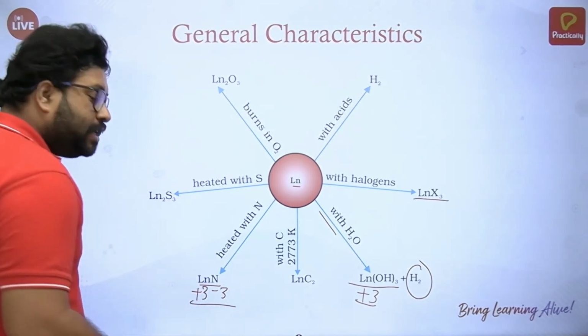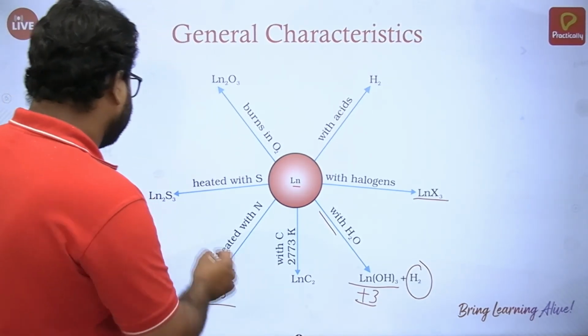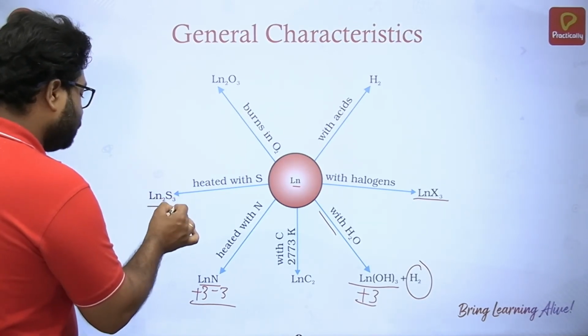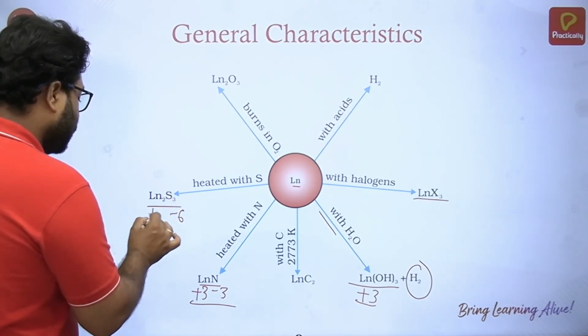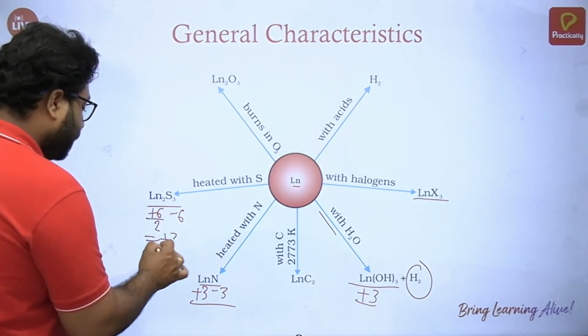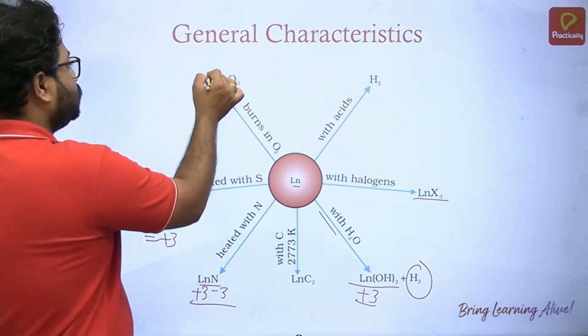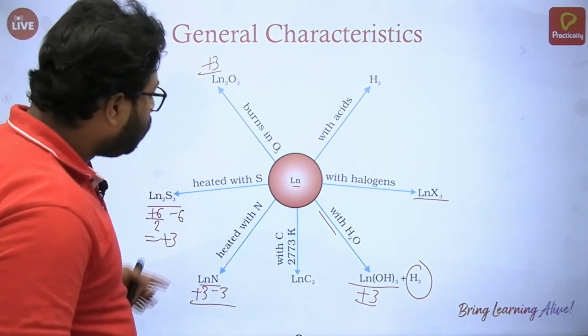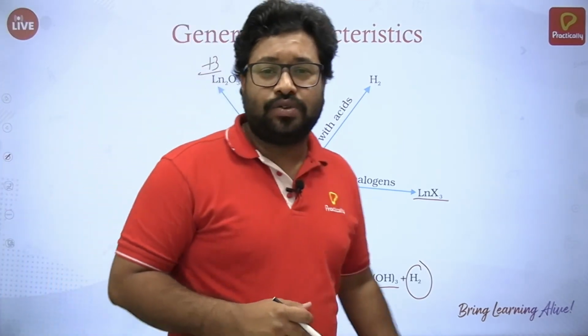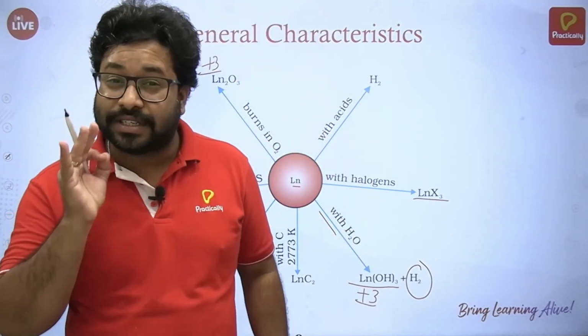With nitrogen, it's forming nitride, lanthanum nitride. Here it is forming sulfide, Ln2S3. Again, 3 sulfide is -6, 2 lanthanides are in +6, divided by 2, it becomes +3. Similarly, here also +3. So you can see all these reactions predominantly show +3 oxidation state only.